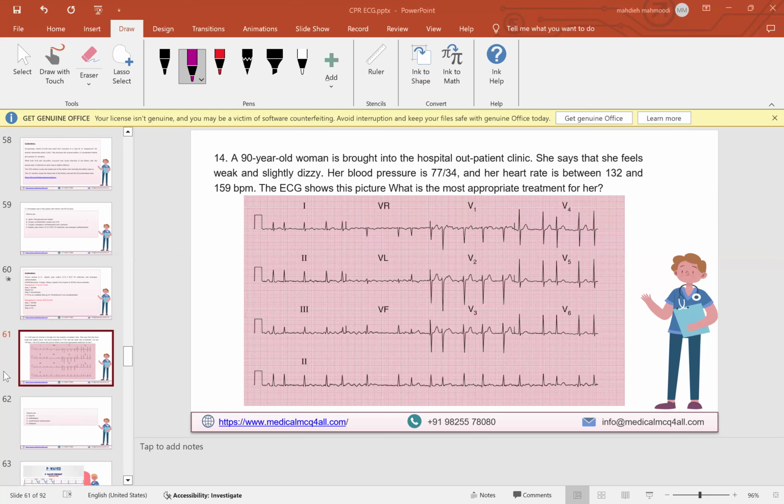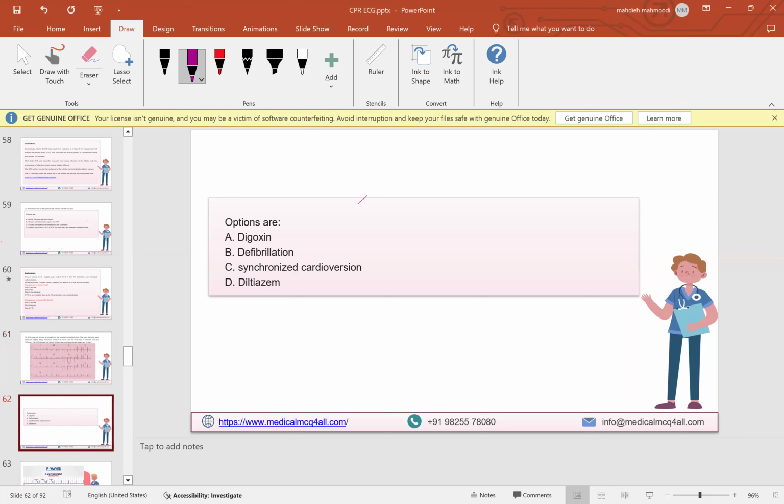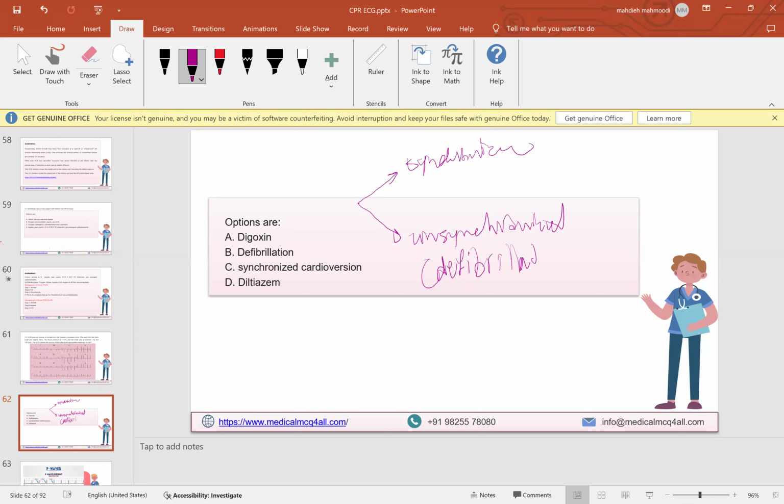What are the options? So I'm going to give you a hint for any question. You have two sorts of cardioversion. You have synchronized cardioversion, and you have unsynchronized cardioversion, otherwise called defibrillation.